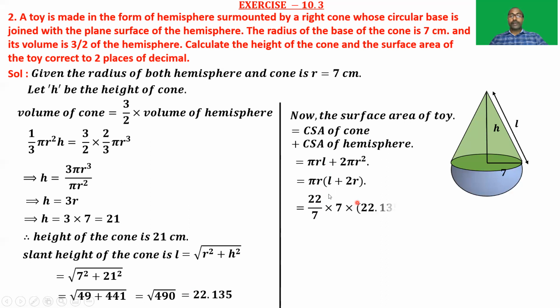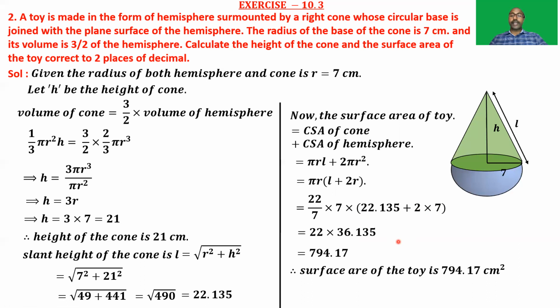Now we get 22 by 7 into 7 into 22.135 plus 2 into radius 7. So by cancelling 7 and by simplifying, we get 22 into 14 plus 22.135, that is 36.135, which is equal to 794.17. So the surface area of the given toy is 794.17 centimeter square.